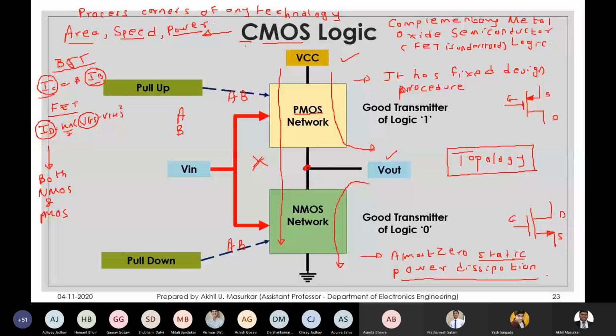For TTL, even if the transistors are not switching, it will still consume a significant amount of power due to the presence of resistances, diodes and BJTs. Here, since the transistor used is also different, the topology is different.